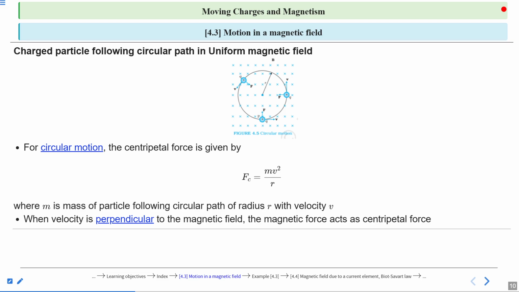When velocity is perpendicular to the magnetic field, the magnetic force acts as the centripetal force, which results in a circular path.